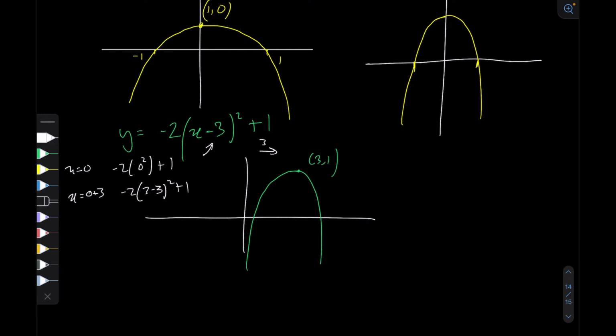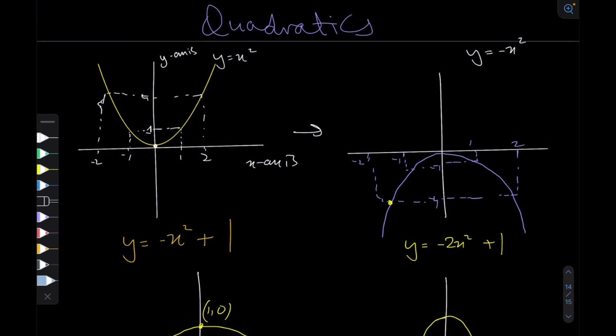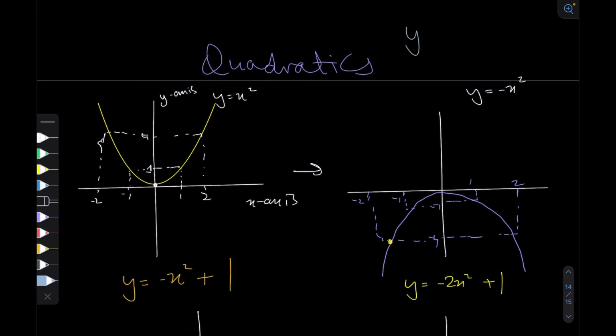Alright, now a couple of things to notice here. First of all, when in the form a times x minus b whole squared, that is the completed square form, if your a is positive, it will be a U-shaped curve, as was the case here. If your a is negative, it will be an n-shaped curve, or a sad face, as was the case here.